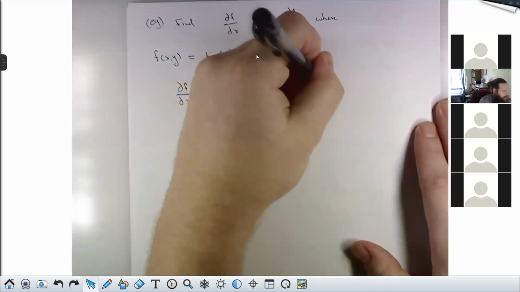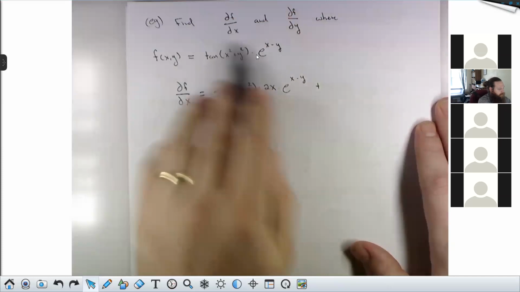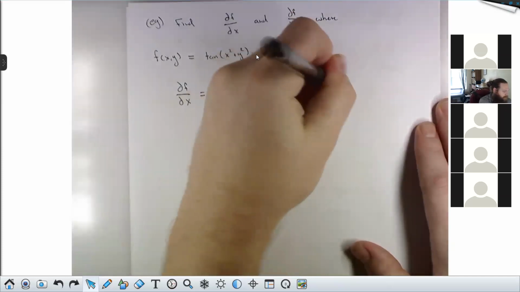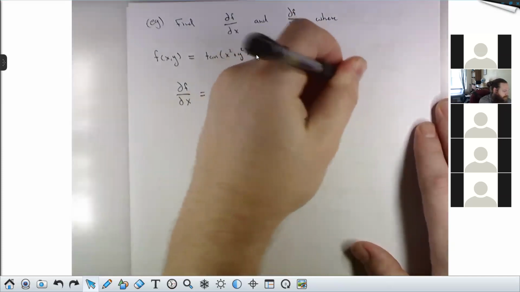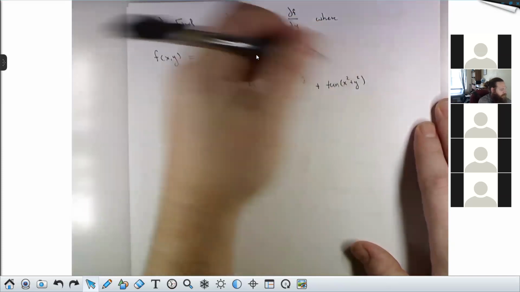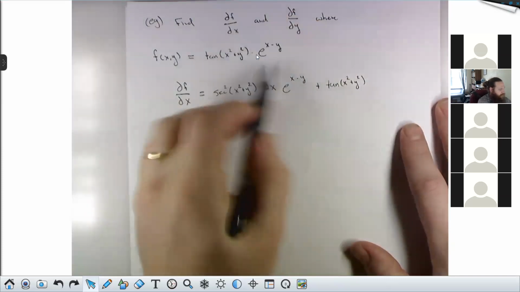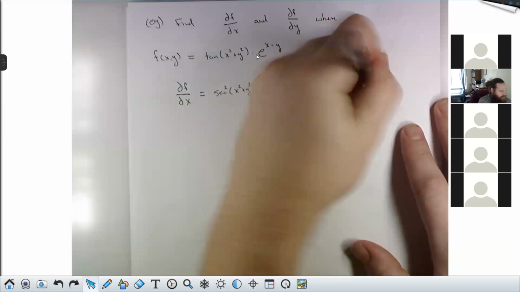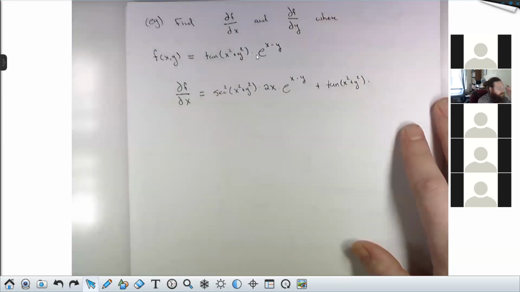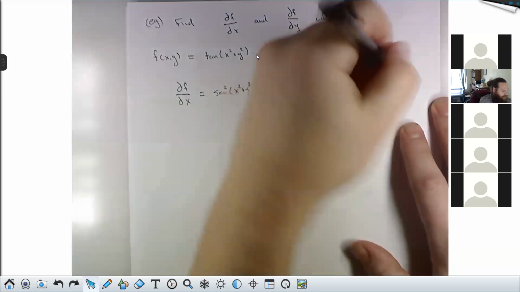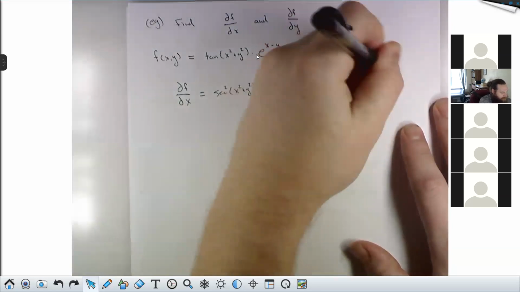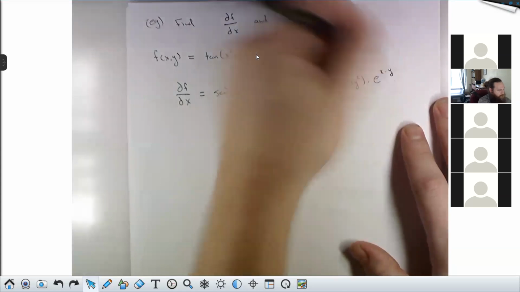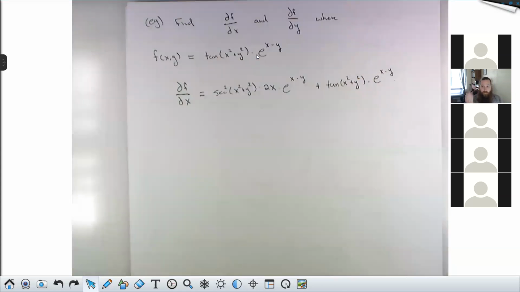And now to this, I'm going to add what I get when I leave the tangent of x squared plus y squared alone and multiply that by the derivative of e to the x minus y, which is another chain rule thing. So the derivative of e to the x minus y taken with respect to x is e to the x minus y times the derivative of the inside, again taken with respect to x as a partial derivative.